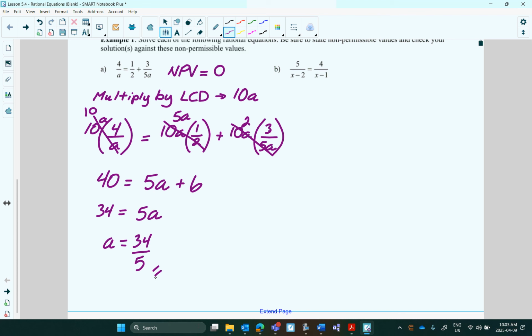The next one, remember, when you've got more than one term, what I suggested, put parentheses around them to remind them that they have to stay together. Do I have to factor any denominators? Nope. So I can go ahead and state the NPVs, because this time it's going to be 2 of them. 2 and 1.